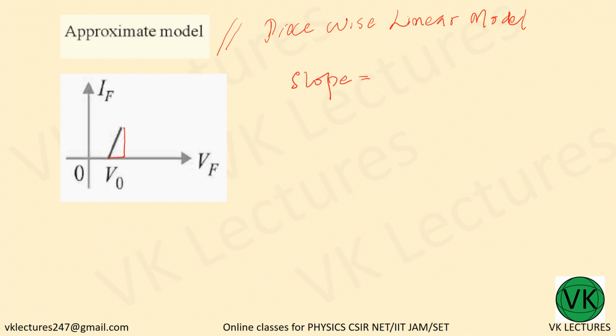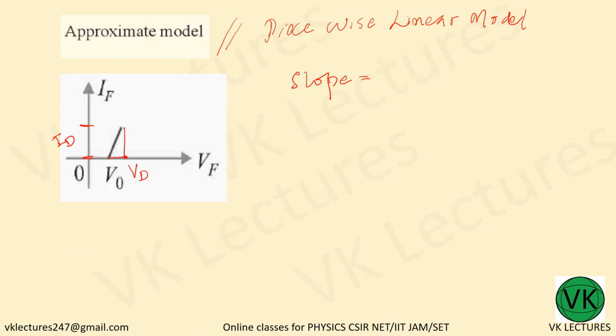What will that slope of the curve be? If this is V0 and up to here we have increased the forward voltage Vd, that is the voltage applied across the diode, and in that process we have this much amount of current developed through the circuit or through the diode, that we can write as Id.